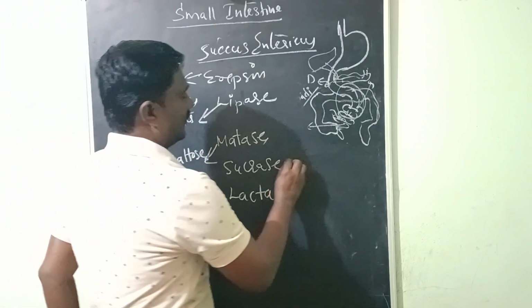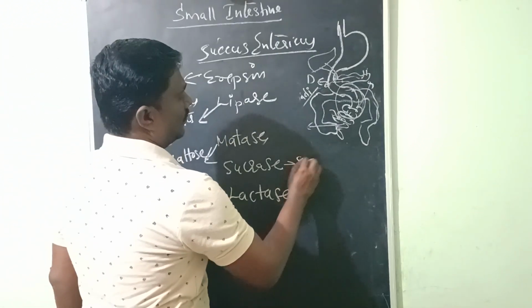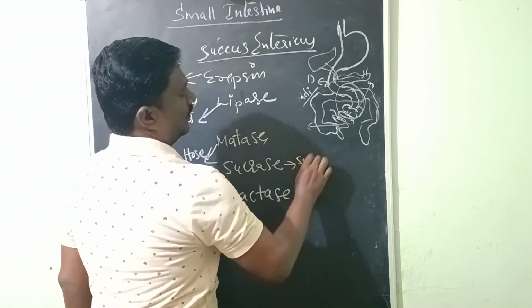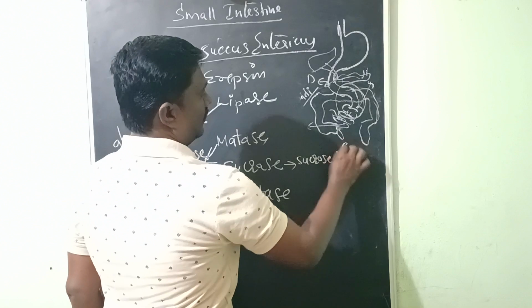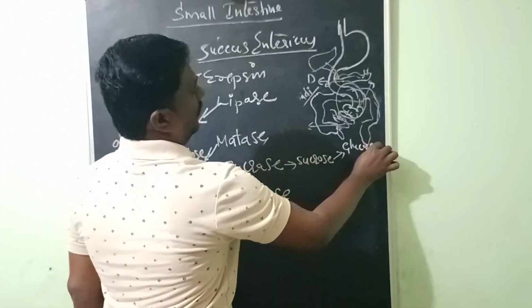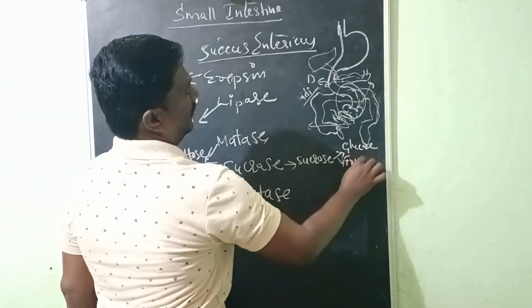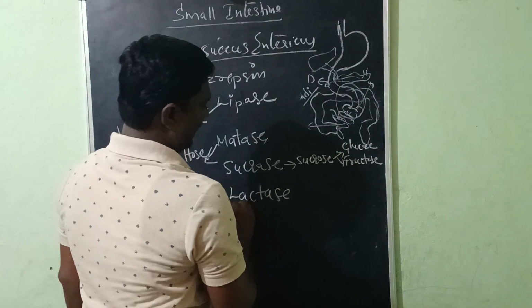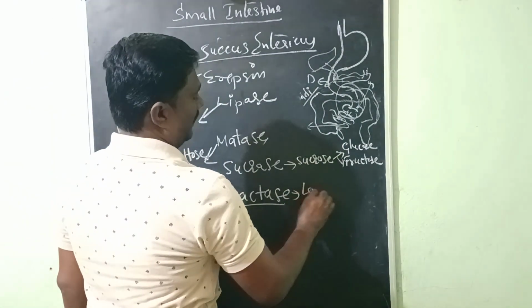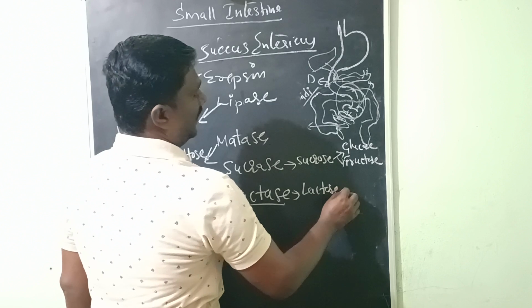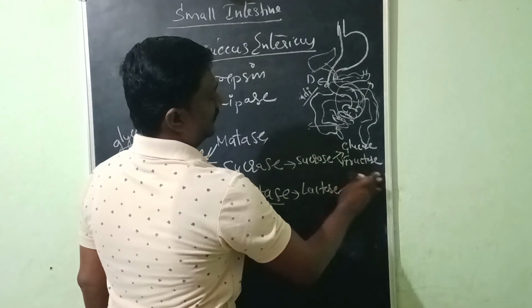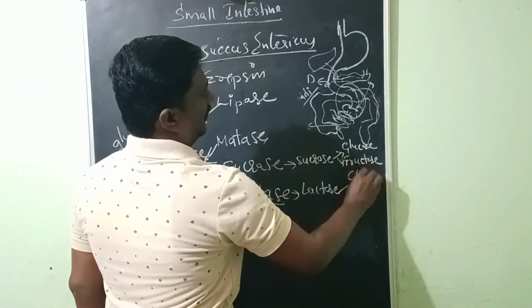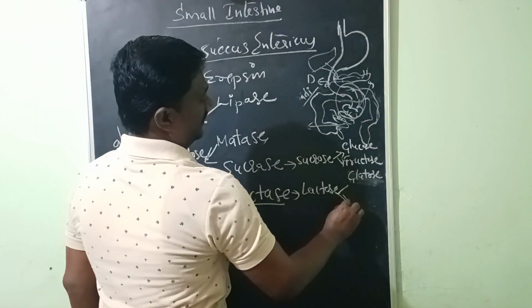Next, sucrase acts on sucrose, and sucrose changes into glucose and fructose. Next, lactase acts on lactose, changing it into galactose and glucose.